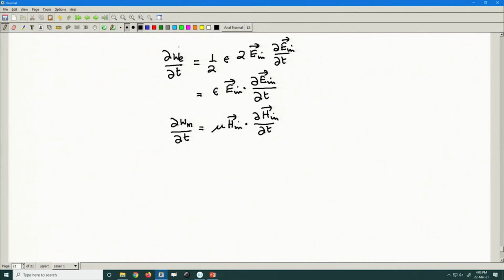So, they refer to the rate of change of stored electric energy density, del W e del t, and the rate of change of stored magnetic energy density, del W m del t.